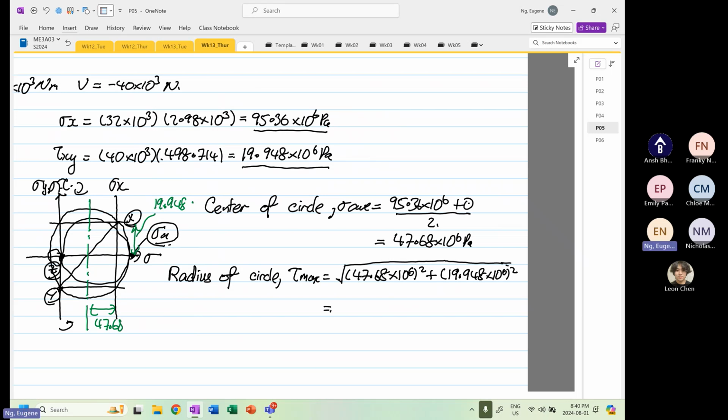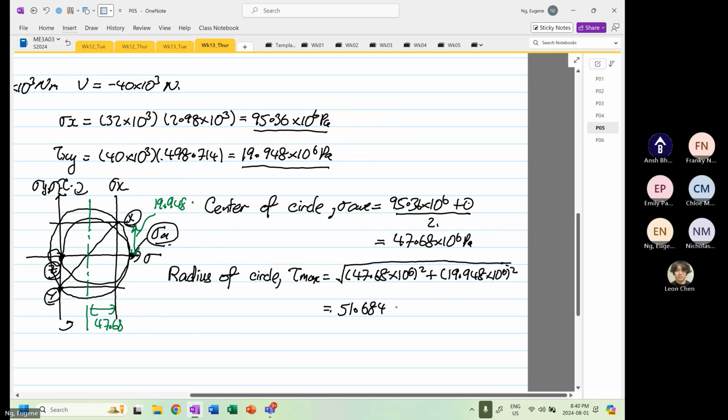So 47.68 squared plus 19.948 squared, square root the whole thing, is equal to 51.684 times 10 to the power 6 Pascal.